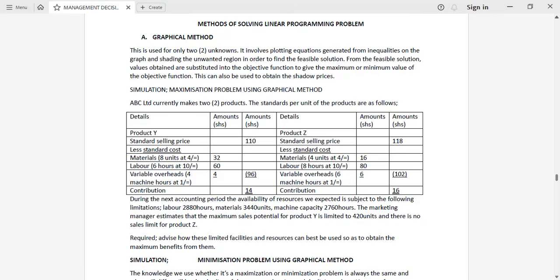So we are just trying to stretch by only 1 hour, and we see what will be the impact on profitability.